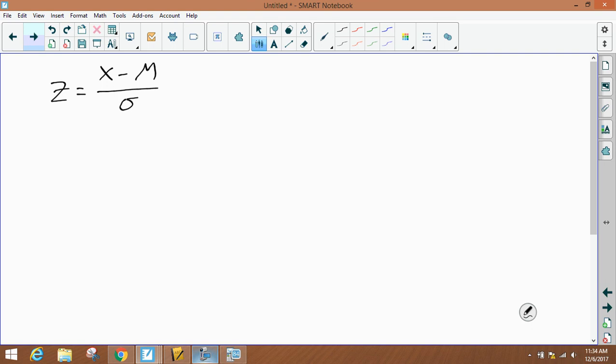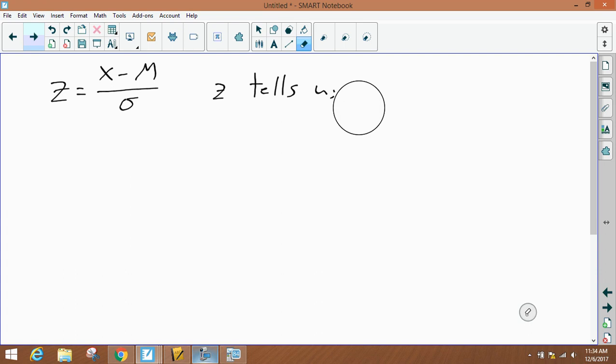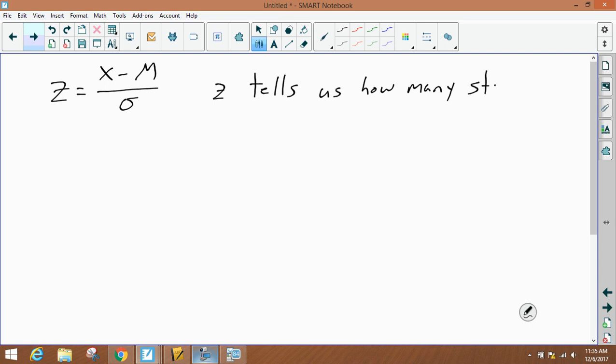What z is, z tells us how many standard deviations from the mean a particular value is.